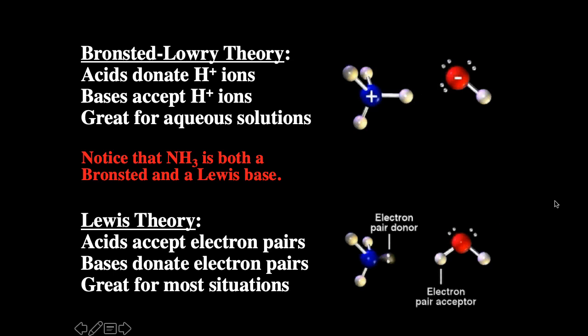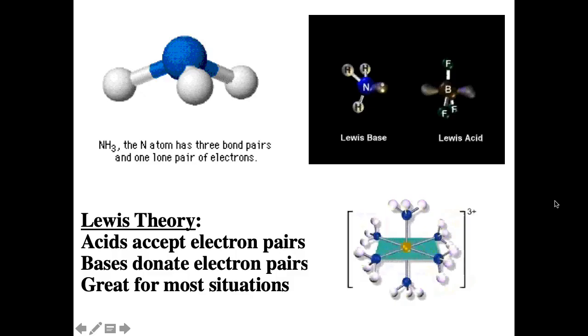Now, because Lewis theory is more general, you can have a Lewis acid that is not a Bronsted acid. If we look at this reaction, here we have ammonia with BF3. Ammonia has that nice lone pair. It can donate it to form a bond between the nitrogen and boron.